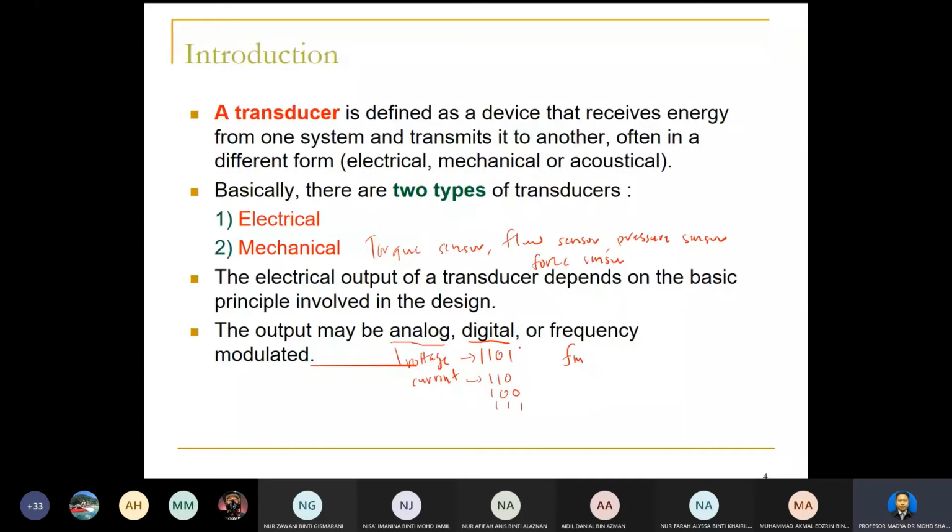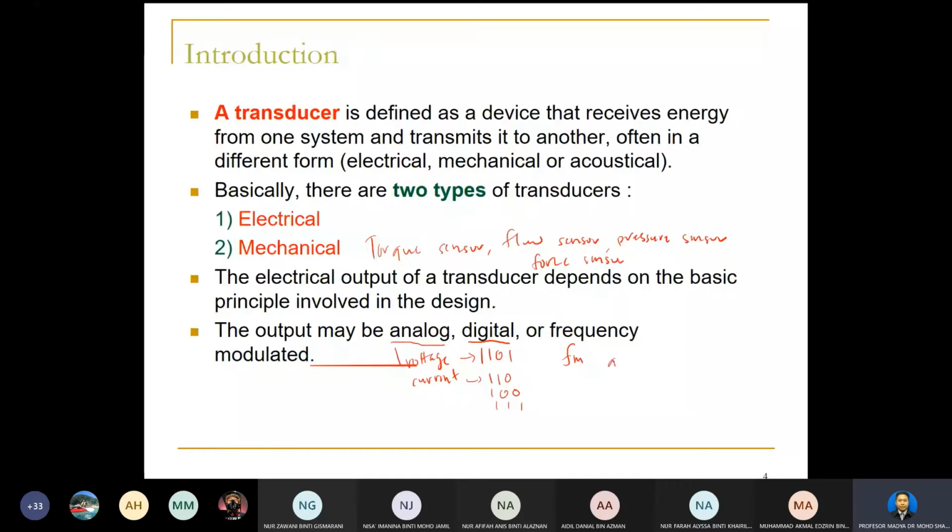And then, for example, from analog we have another converter. For example, our sensor is analog, but our output needs to be digital. So we have another device that we call the converter, to convert from analog to digital.